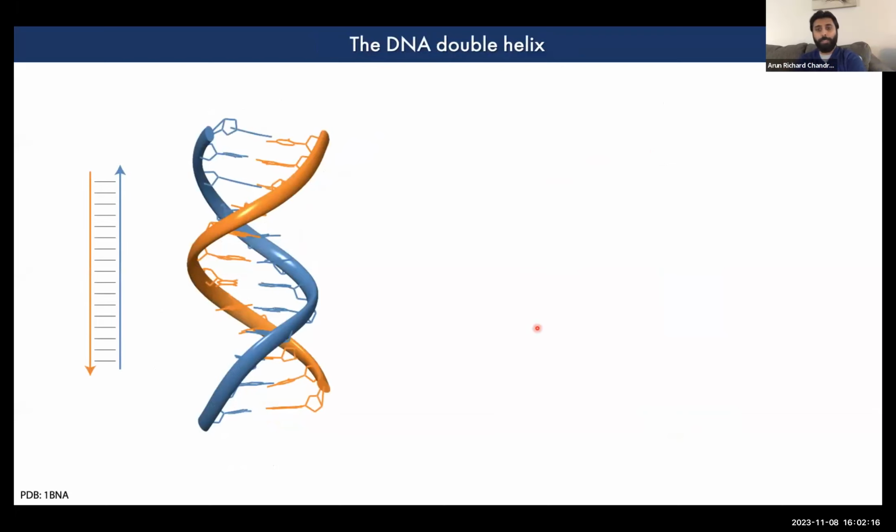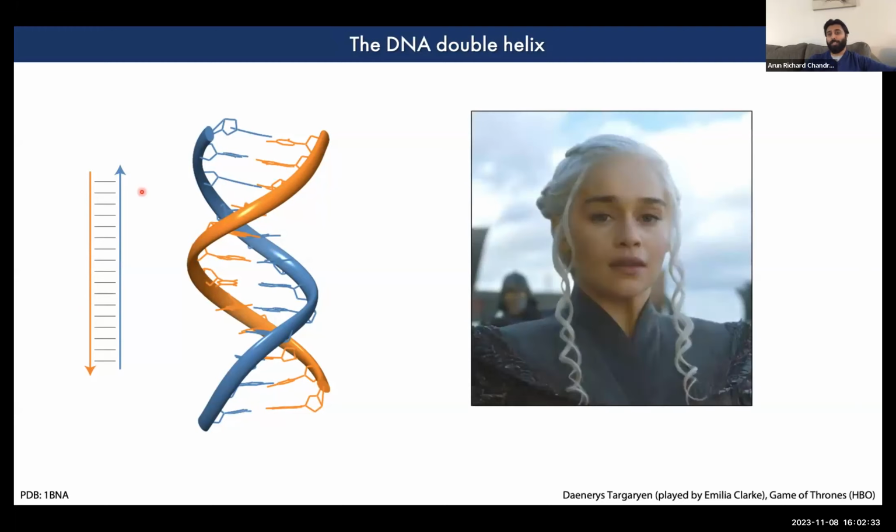And predominantly, we've been using DNA to construct such nanoscale structures. We are all familiar with the iconic double helical structure of DNA, and for simplicity, in this talk, I've represented them as two lines with base pairing in between. If we want to go more into detail of the structure, we can think of Daenerys Targaryen in Game of Thrones.